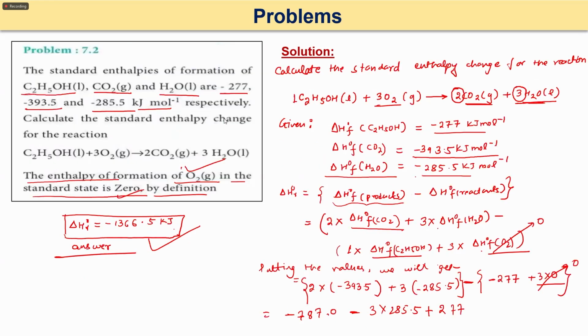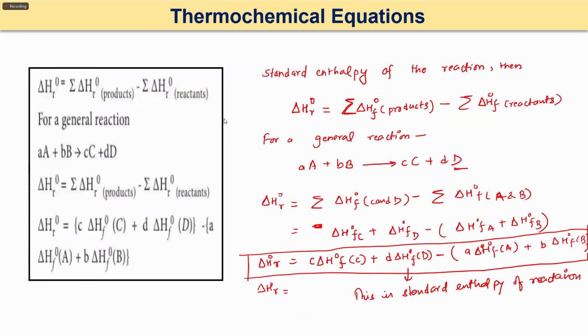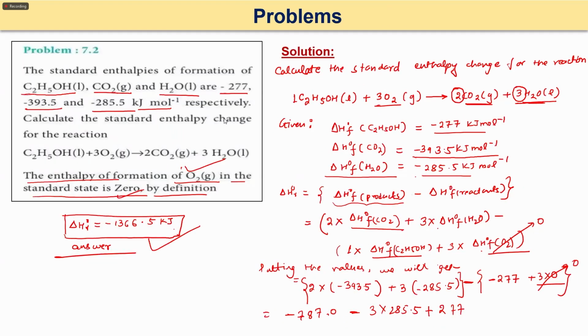So this kind of question will be asked, and these are very easy. We just have to balance the equation and see what values we have been given. In this case, all the values were given, and for hydrogen and oxygen we know that it is 0.